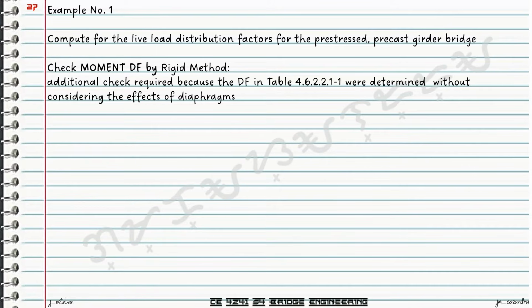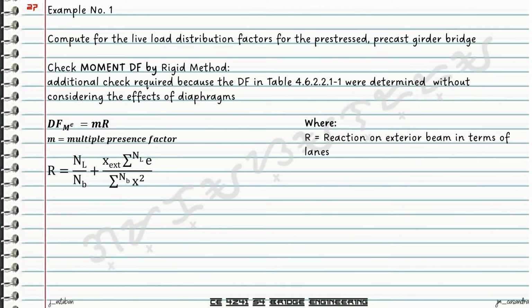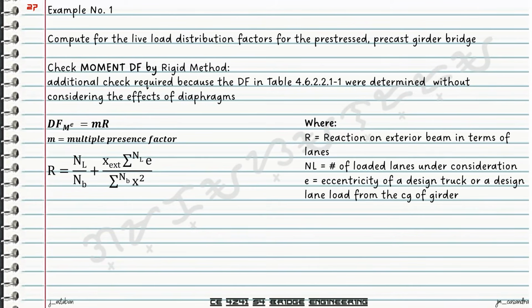In this case, the distribution factor now for the moments at exterior is equal to m times R, wherein m is our multiple presence factor and R is computed by this equation, wherein N sub L is the number of lanes, R is your reaction on the exterior beam in terms of the lane. Then we have e, which is the eccentricity of the design truck or the design lane load from the center of the girder or of the beam.